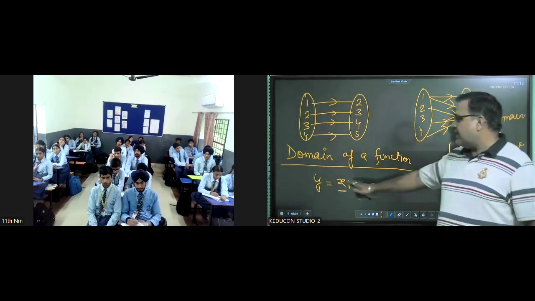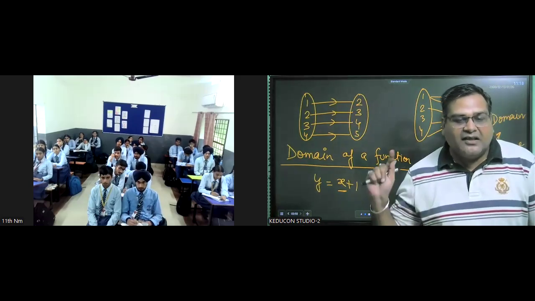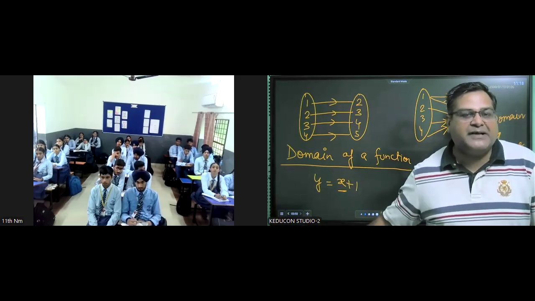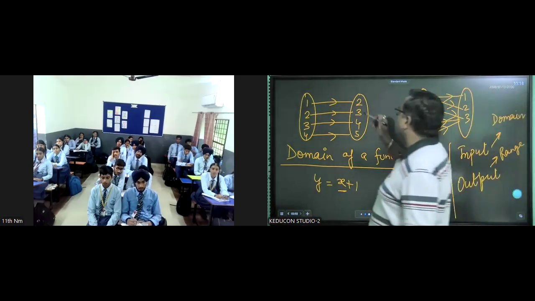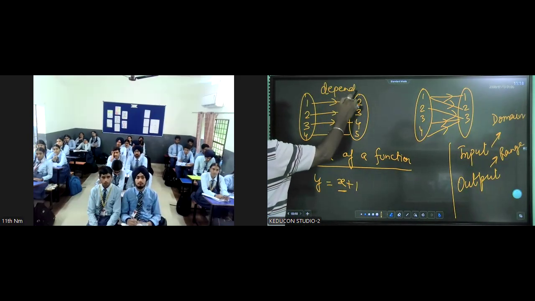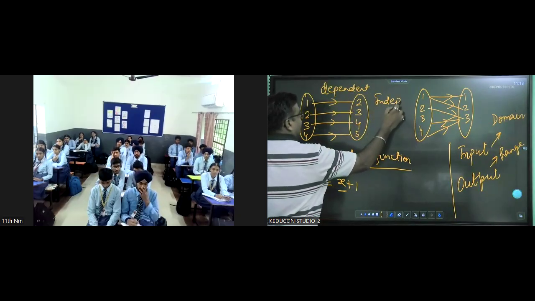देखो इनपुट क्या होती है? अच्छा, अगर मैं इस फंक्शन की बात करूं, in this function there are two variables x and y. Which variable is dependent and which is independent? You know what are dependent and independent, there are two terms.